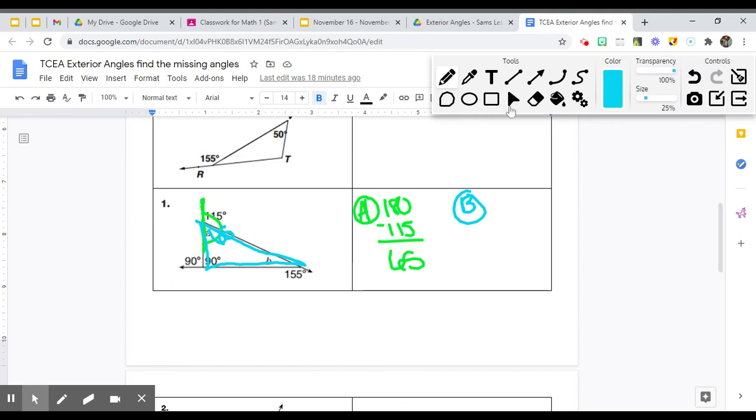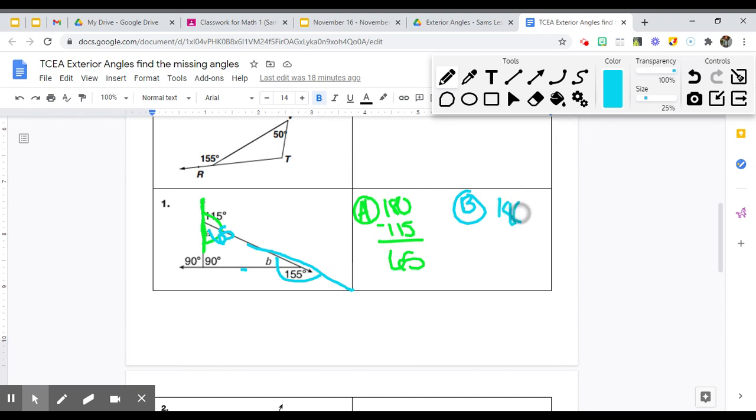Sorry for my non-straight lines, guys. And then the other piece, so I'm going to undo that one so you guys see the triangle there, that you can use for angle B. And then the other piece that you can use for angle B is this straight line that it lies on if I was to extend it. So angle B lies on 155, and also obviously a straight line is 180.